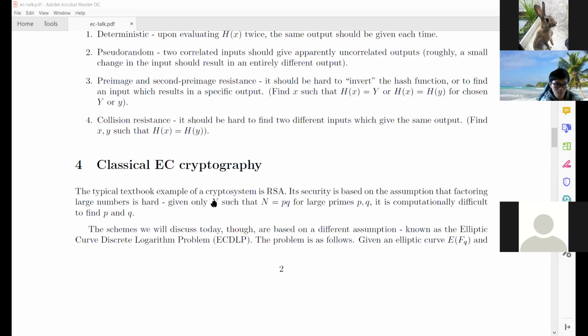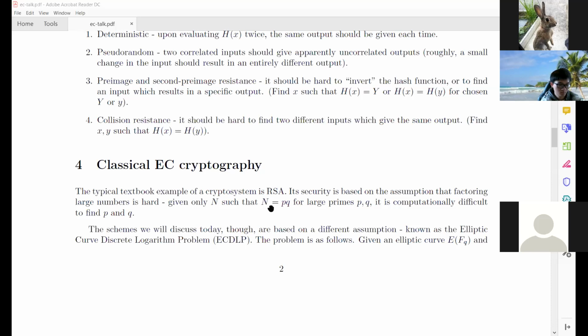Typically, like in a textbook, if you were just looking at cryptography, one of the schemes you'll see quite a lot is RSA. RSA is quite an elegant scheme, I guess, with some cool number theory. If you do a course in number theory or discrete maths, that one would probably come up quite often. Its hardness, its security, is based on the difficulty of factoring a large number into its prime factors.